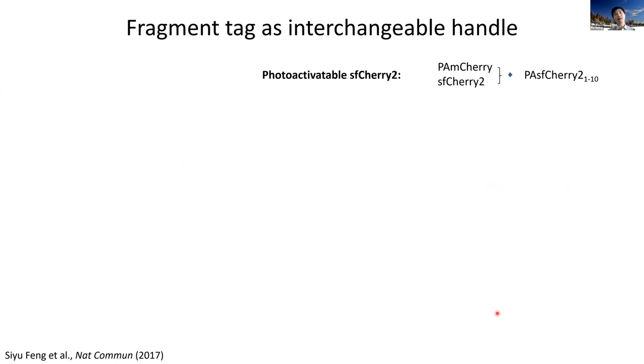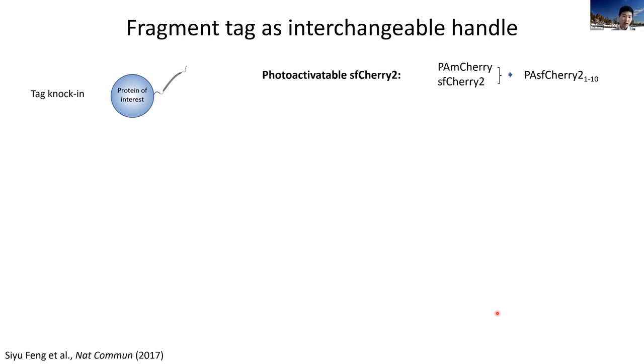In fact, very amazingly, just by merging the point mutations to convert mCherry into photoactivatable mCherry, and a point mutation to convert mCherry into superfolder cherry, we obtained a photoactivatable superfolder cherry. This is nice, because we could do the tagging very much in the same way, just replacing the 1 to 10 fragment.